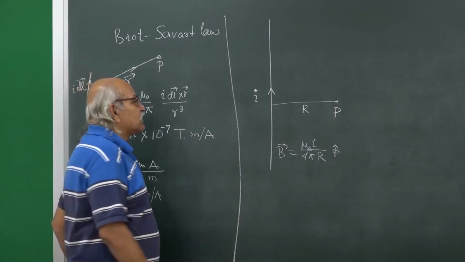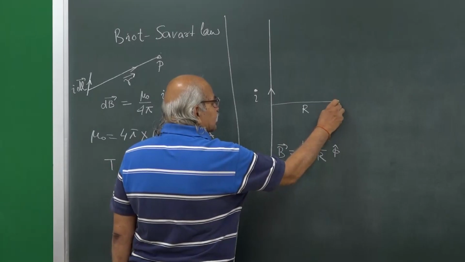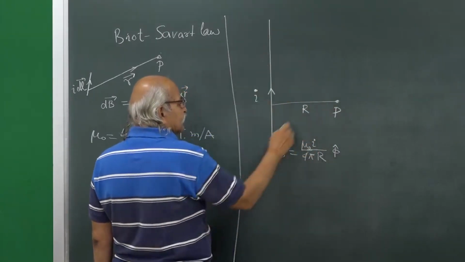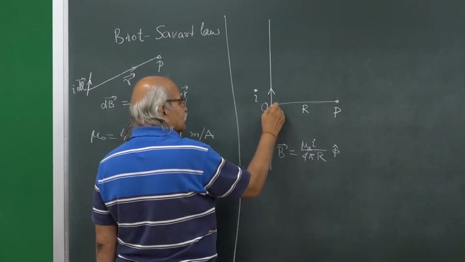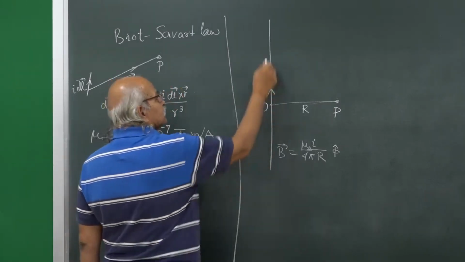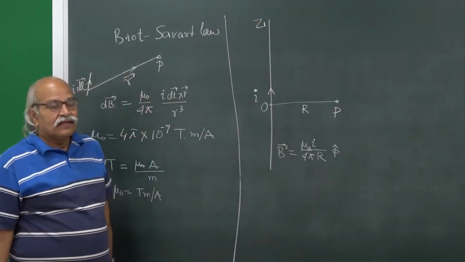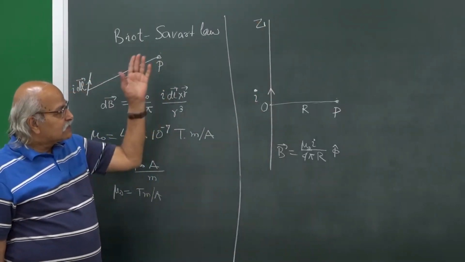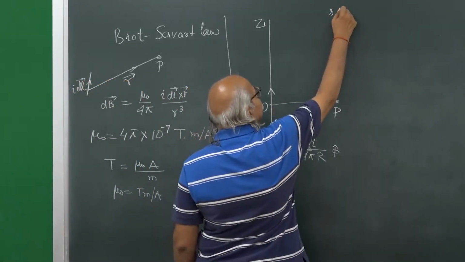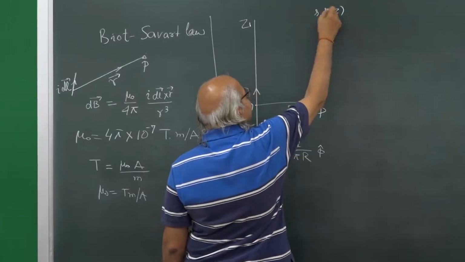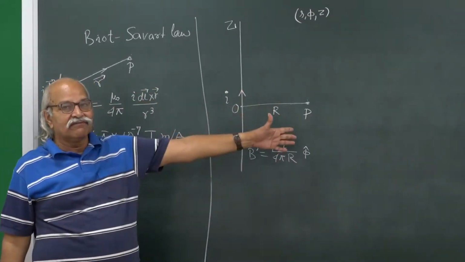So, remember, in cylindrical polar coordinates we take an origin. Since this is a given point and this is a given line, I can put the origin at the foot of the perpendicular, O, and take this as the z axis. The coordinates of any point are given in terms of s, phi and z. S is the axial distance of the given point.